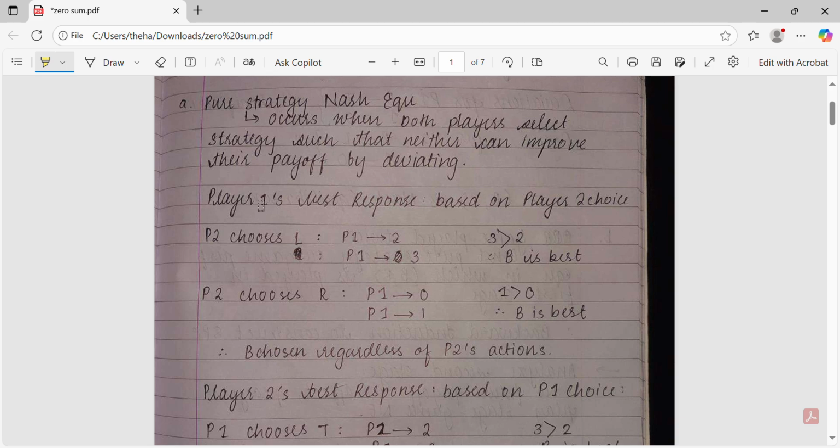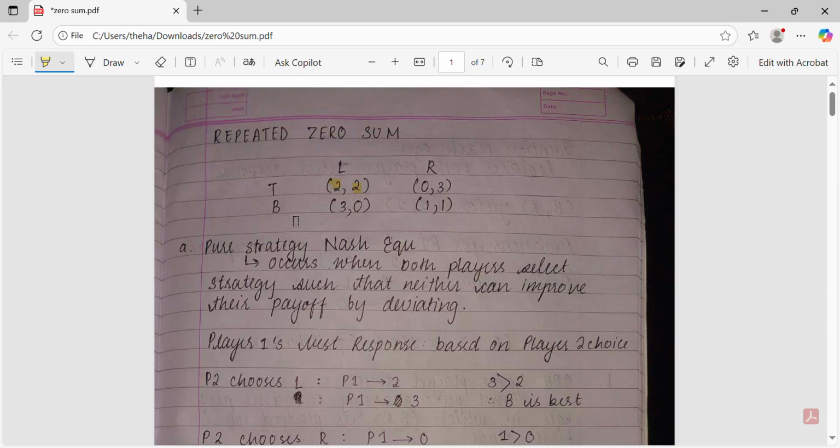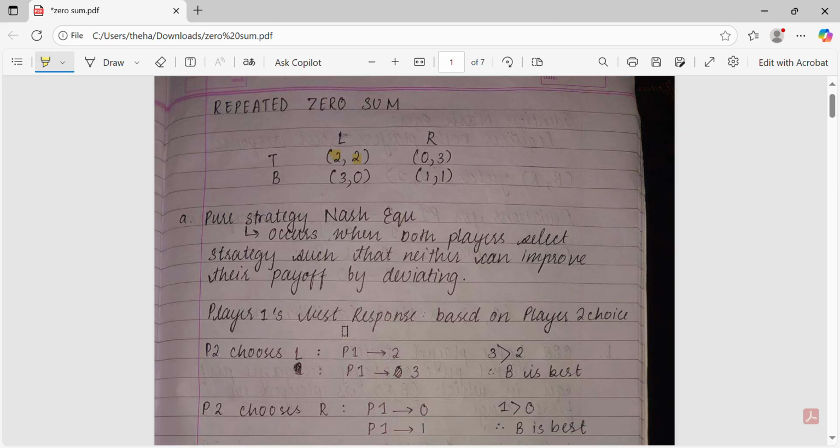Player one's best response is determined by player two's choice. So what can player 2 choose? Player 2 always means going in a horizontal direction. So player 2 has two moves over here, left and right. Player 2 can choose L. So according to that, what will player 1 get?